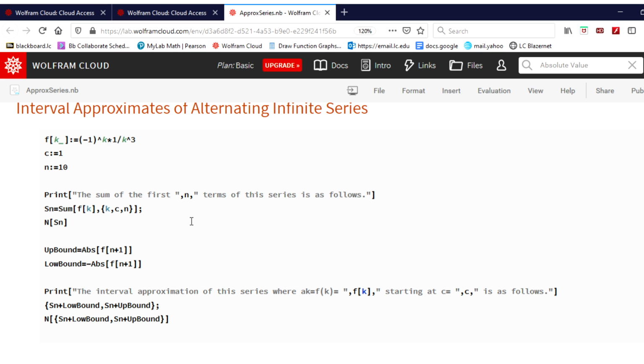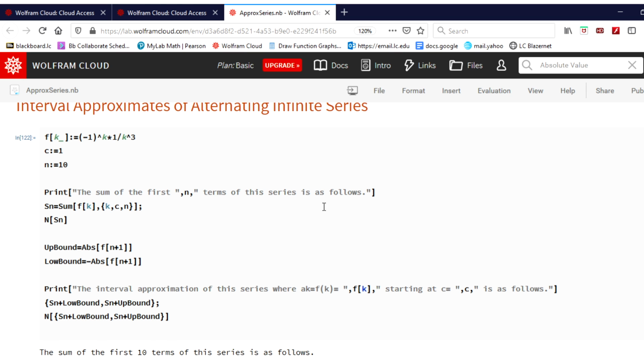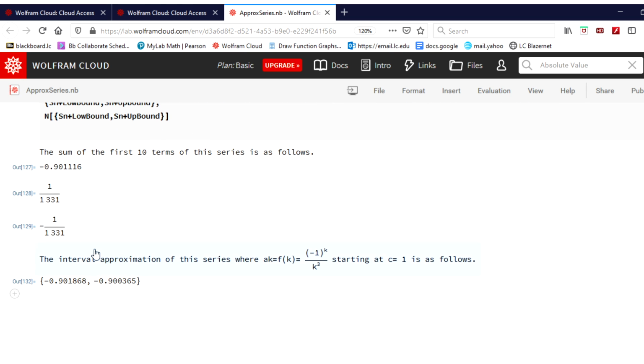All right? Now that is all I have to change, I do believe. Because I incorporated the minus up into here, s sub n added to this lower bound will be a minus this absolute value, and s sub n added to this upper bound would give me the positive of that result. So I now believe, if I want to go ahead and, let's see, we have the sum in decimal form. Let's leave it alone. If we hit enter, here becomes our interval approximation, right?